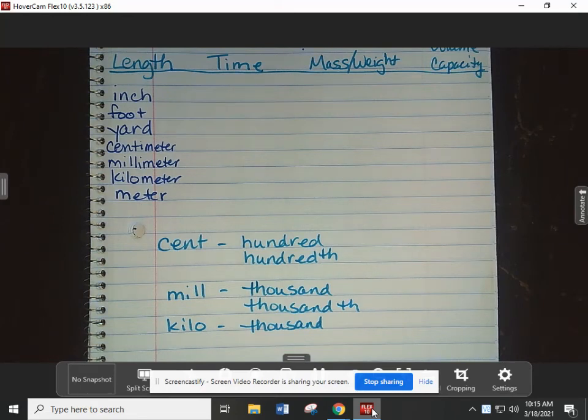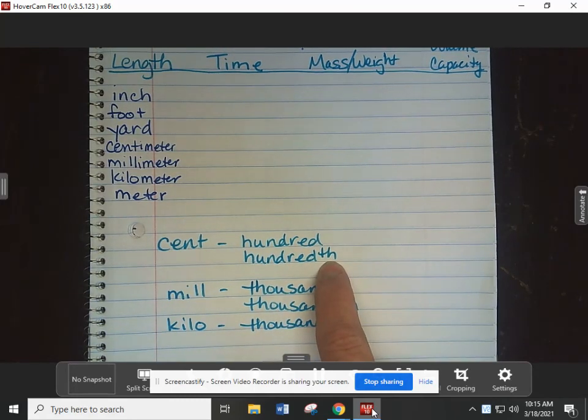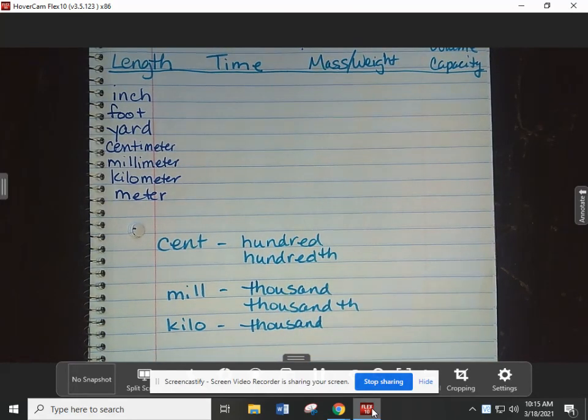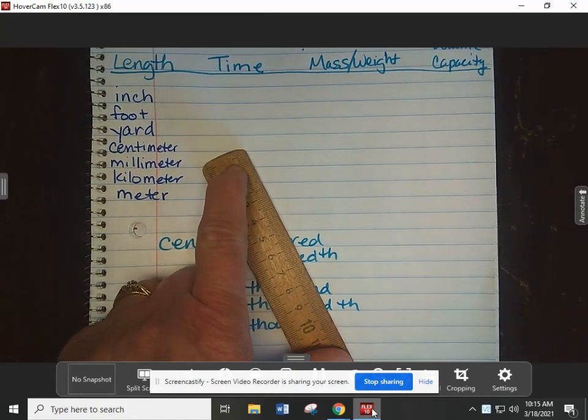If we have a meter, how many do we have? One. If I have some centimeters, do I have a whole meter stick? Let's say I have 20 centimeters. No. I don't have a whole meter stick, so I have part of a meter stick, which is where we're getting into the TH at the end. If I'm talking about millimeters, that's even tinier yet.